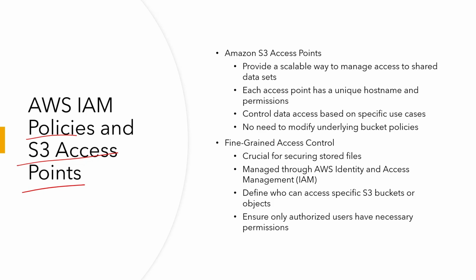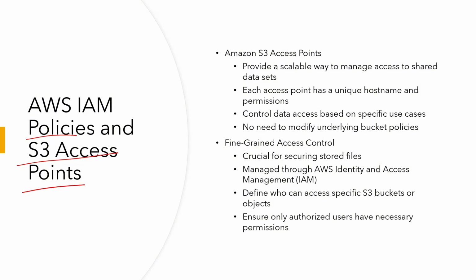What this means is that we can create multiple access points for different applications or different teams without the need to modify the underlying bucket policies. Now, what this does is it simplifies access management and it enhances security because it provides fine-grained control over who can access our data and how they can interact with this data.